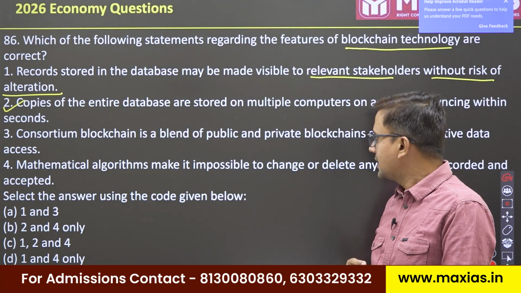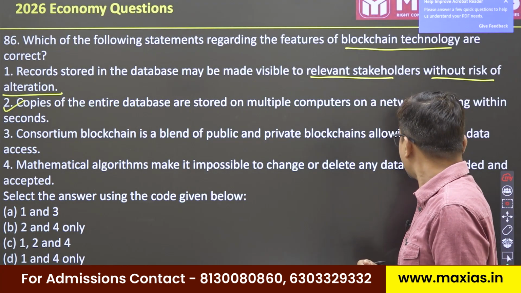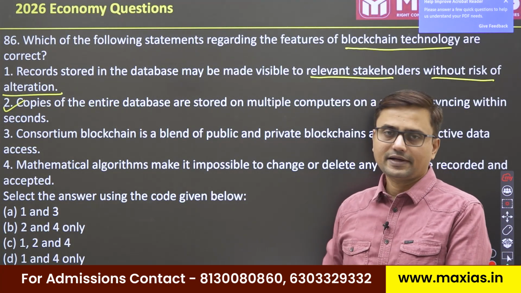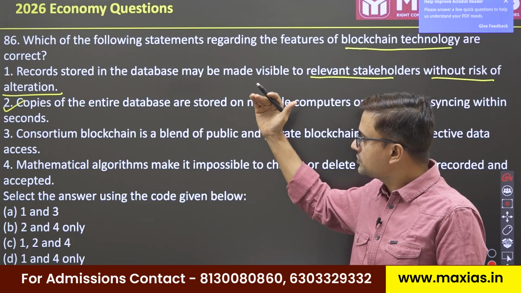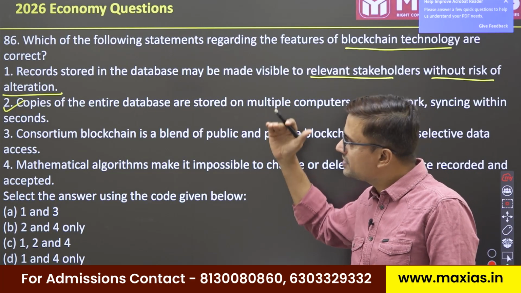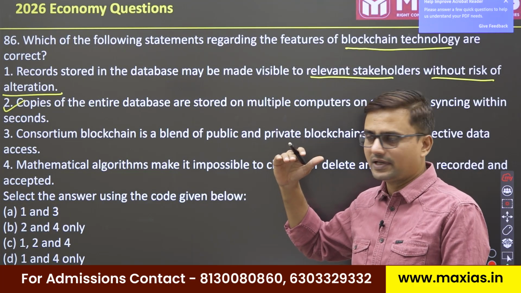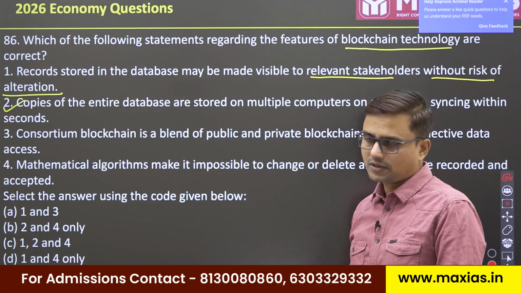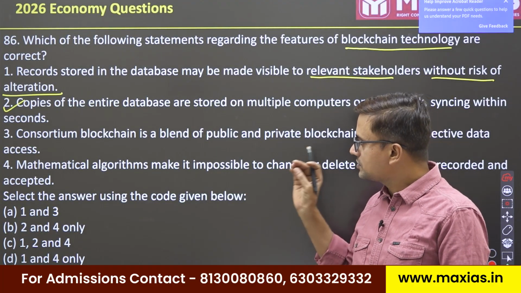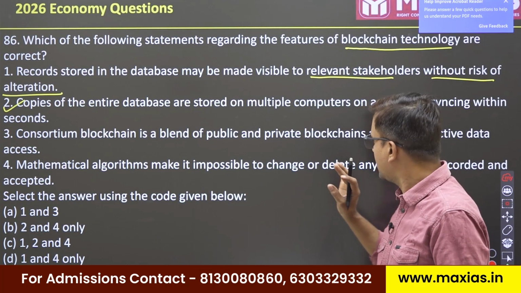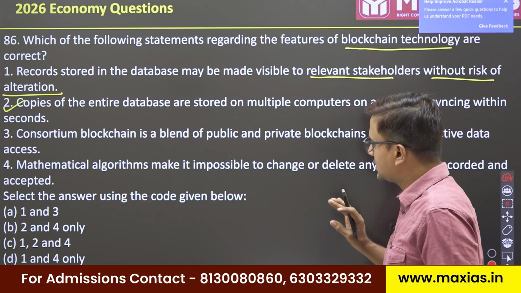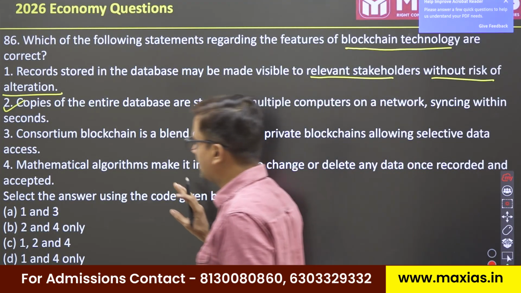Statement 1 and statement 2 are easy statements and we can easily identify that they are relevant to blockchain technology. And this part, consortium blockchain is a blend of public and private blockchains allowing selective data access. Let's see, let's pause here.